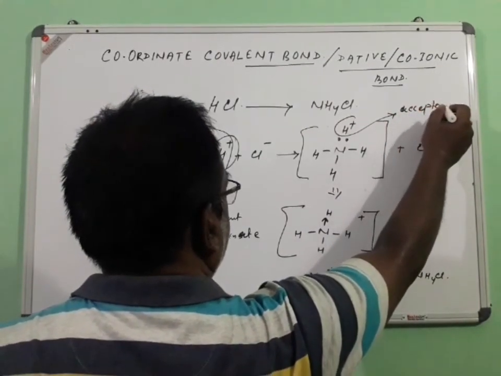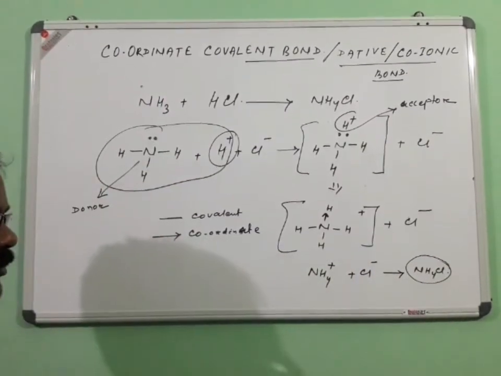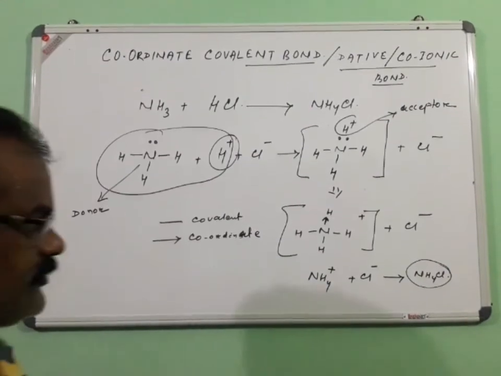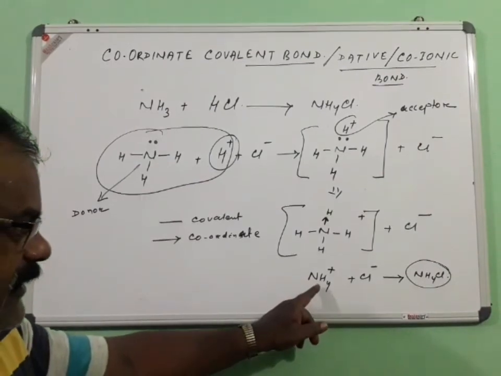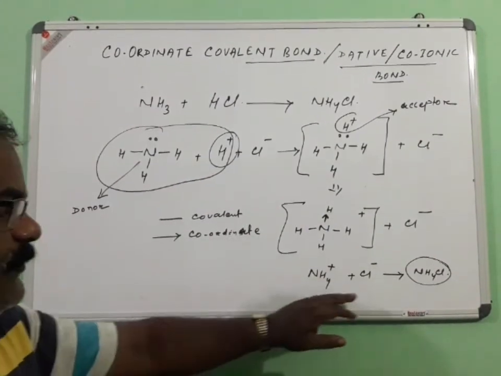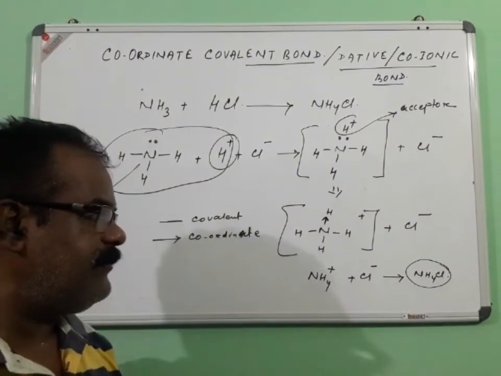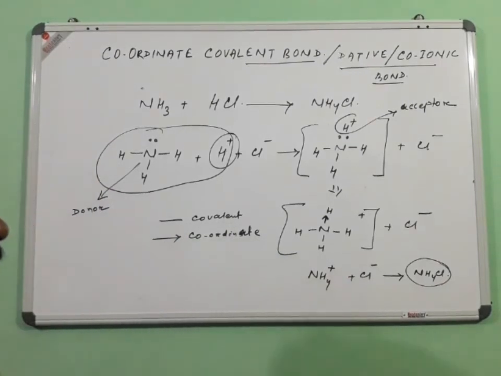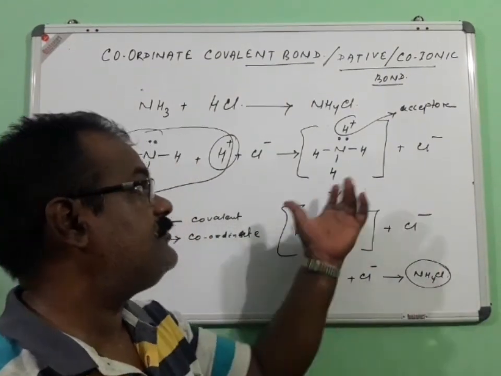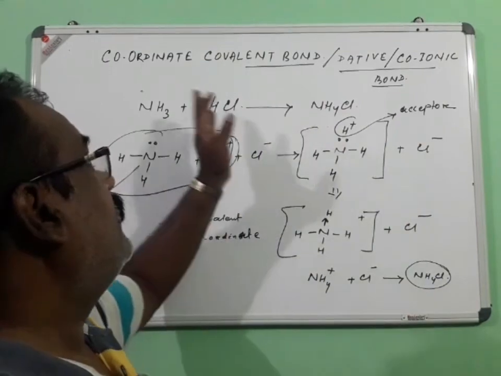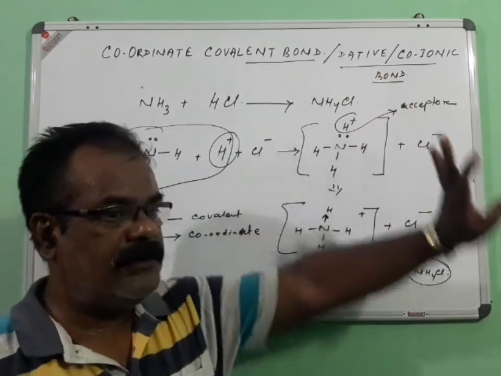So in this way, when the compound undergoes ionization and dissociation, we find both charged particles having covalent bond. This is one good example which consists of both ionic as well as covalent bond, and therefore these types of compounds are said to be co-ionic compounds, or the bond that exists between these two is called a co-ionic bond. Therefore the coordinate covalent bond is known as dative bond or co-ionic bond.